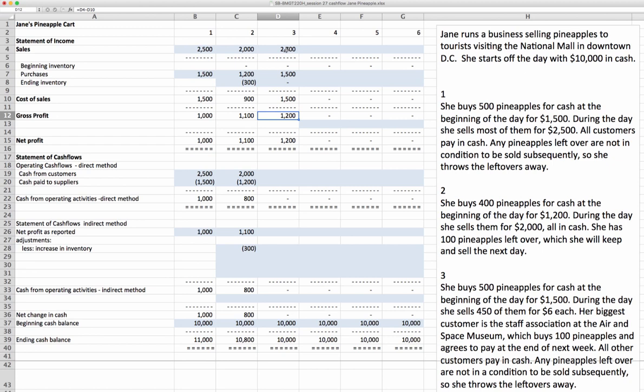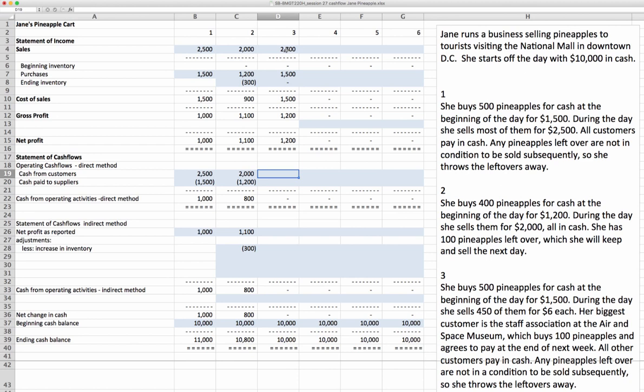And if we look at the statement of cash flows using the direct method, then we'd say that the cash comes in from customers. How much is that? Well, of course, it's not the same as the level of sales in this case, because her biggest customer was a staff association at the Air and Space Museum who bought 100 pineapples, and they're not going to pay until the end of next week. And so the only cash that came in from customers was from the general public, who apparently bought 350 pineapples.